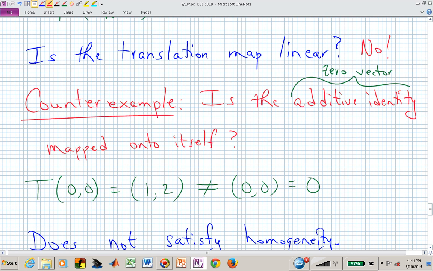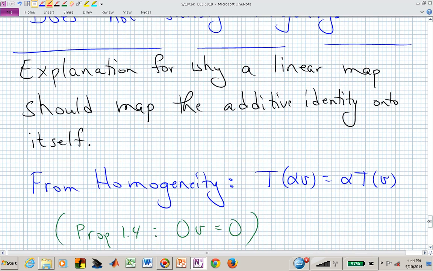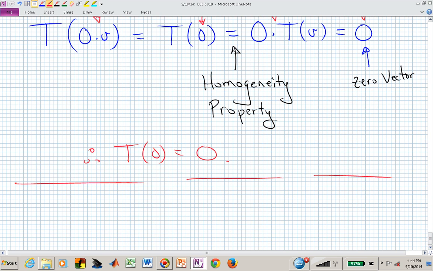That is not a linear map, because a linear map says that the additive identity needs to map onto itself, or T of 0 better be 0 for a linear map.